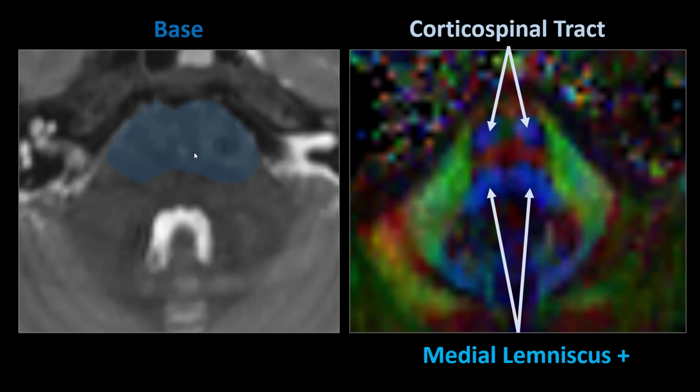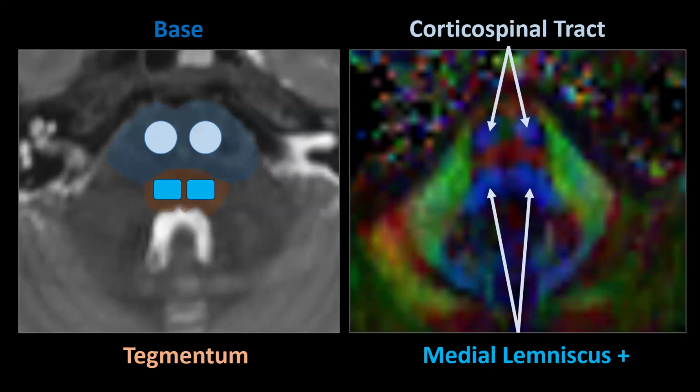This allows us to infer where we could expect a corticospinal tract on an axial T2-weighted image, so about here in the base of the pons, and the lemnisci should be located somewhere over here in the tegmentum. We also see these red fibers over here. These are the pontocerebellar fibers.